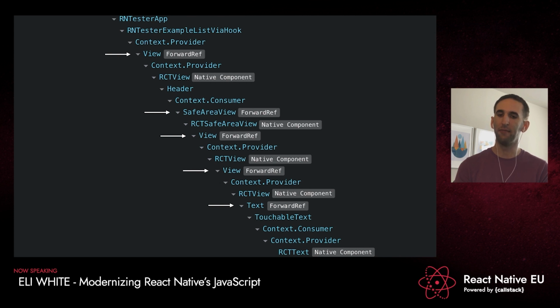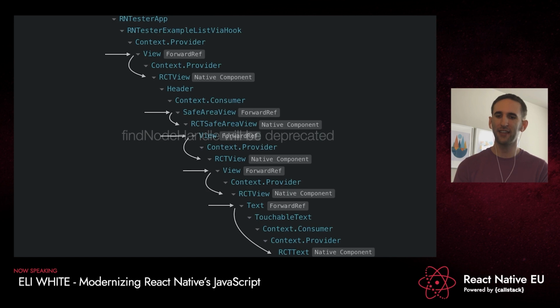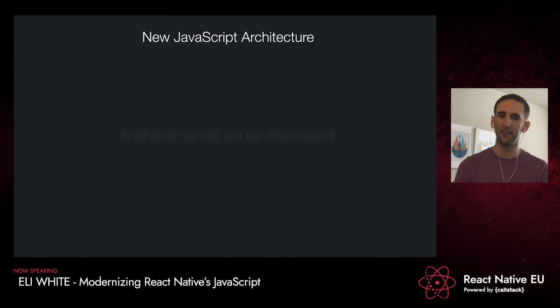When you attach a ref to them, you get the ref to the native view that they render. As I mentioned, findNodeHandle is going to be deprecated fairly soon, in the next couple of months, and we'll help you with more documentation about all the different use cases and how to migrate off. But this has been a taste of the most common things that we've seen with findNodeHandle.